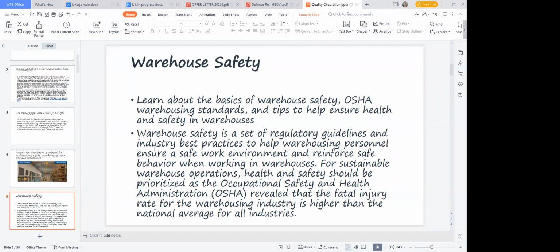So the role of this unit is like what we discussed, to ensure the safety of the workers and the employer, the legal document or legal practice, the standard procedure in order to ensure a harmonized environment in this warehouse.